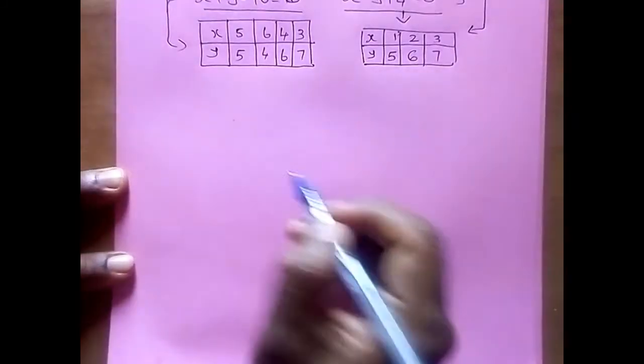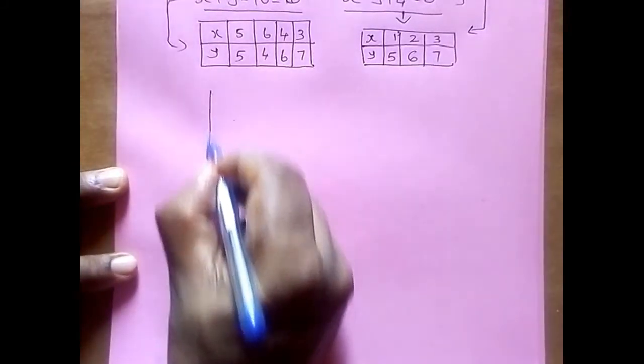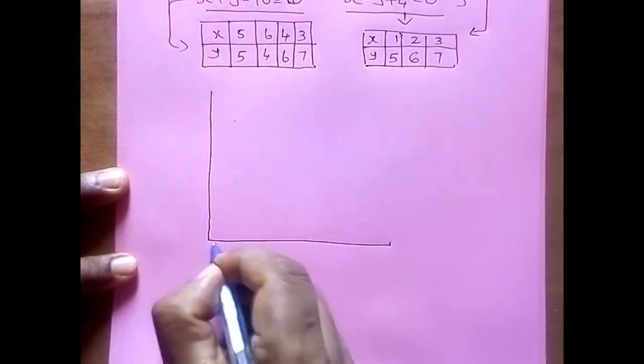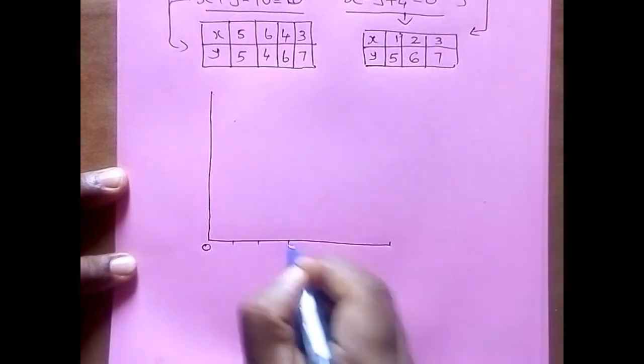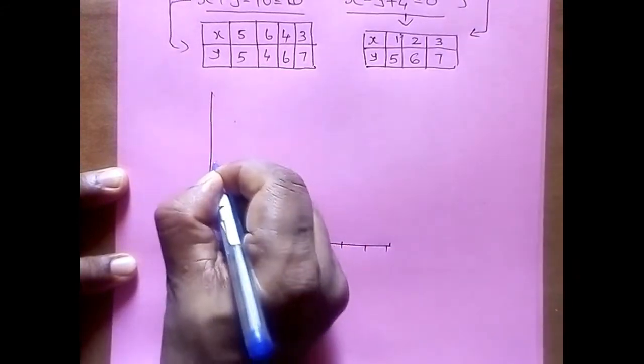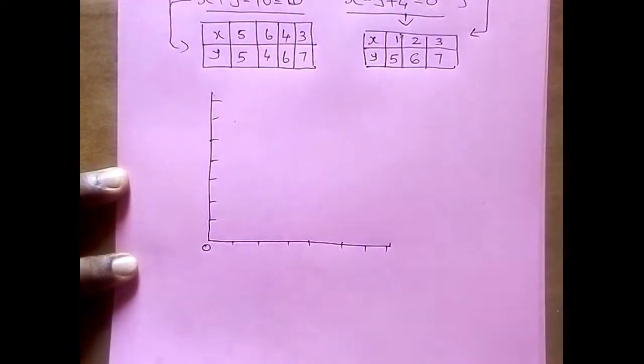Now what we will do, we will draw the graph of this. We don't have any negative values, so we will put the axes like this: 0, 1, 2, 3, 4, 5, 6, 7 on both axes.